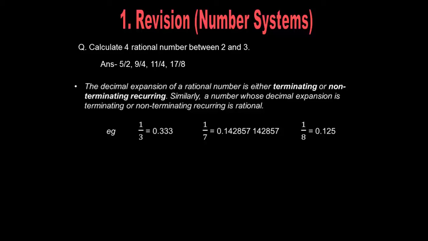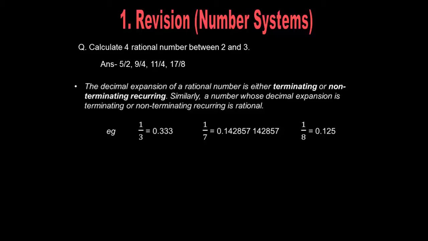We have got a 0 in our remainder, so that's why it is terminating. And if we take an example of 1 by 3, that will be non-terminating recurring. It will keep on repeating itself again and again, as we can see 0.333, and it will just go on till infinity. Same is the case with 1 by 7 also.